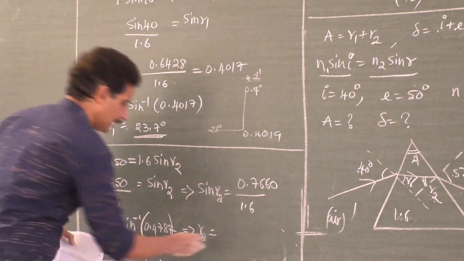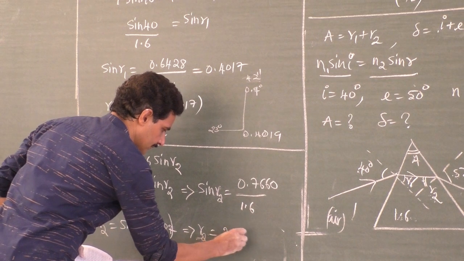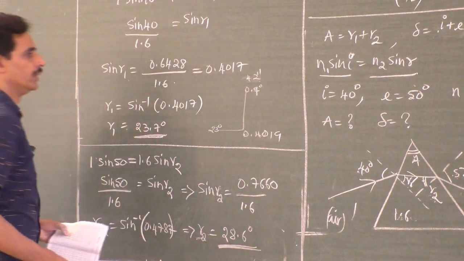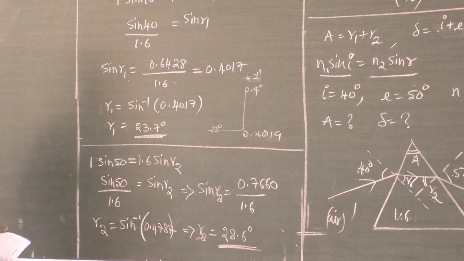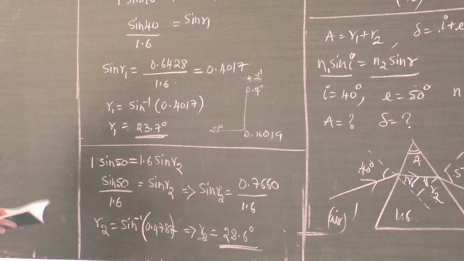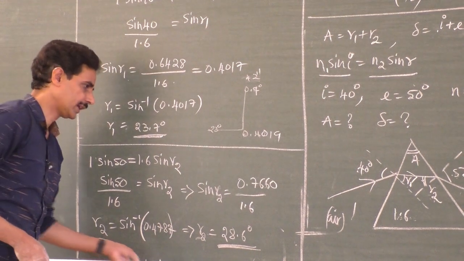So 28.6 degrees is R2. It is in the 28 degree row and 0.6 degree column. If there is no such number, you go to the nearest one. Okay, 28.6 degrees. Yes, correct.